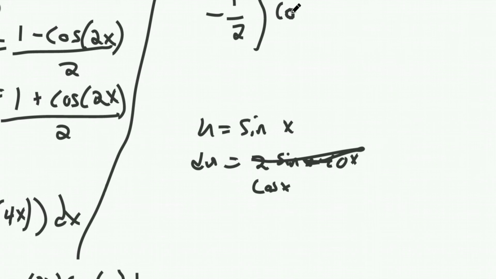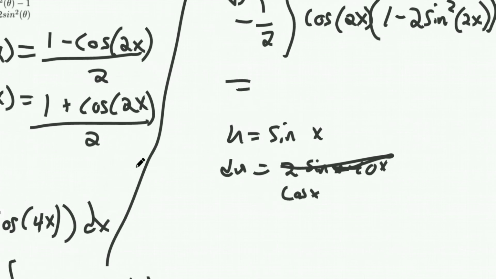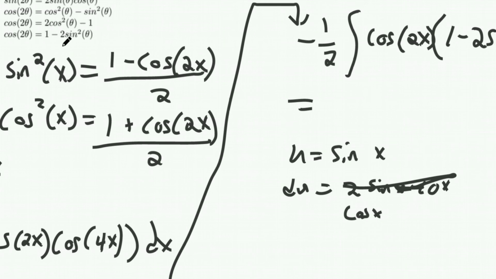So we're going to keep cosine 2x, but then the cosine 4x, let's rewrite that as 1 minus 2 sine squared 2x. Okay, and so the reason where I'm getting that from is this last double angle identity.